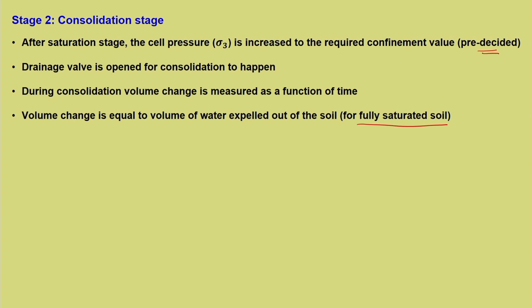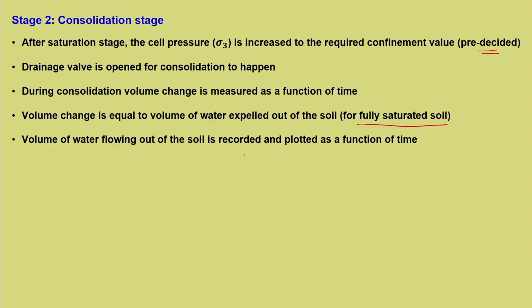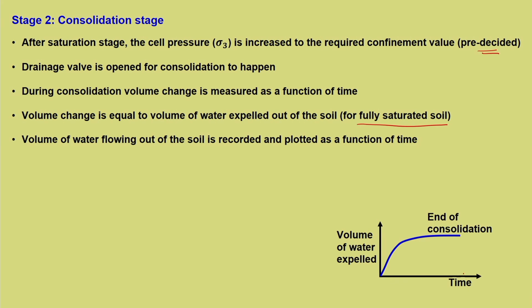Whatever volume change happens during consolidation, we need to capture that, and for capturing that, it is mandatory that the whole of the soil is fully saturated. So, whatever is the volume of water that gets expelled out, that itself is equal to the volume change that is happening during consolidation. The volume of water flowing out of the soil is recorded and plotted as a function of time, as given here.